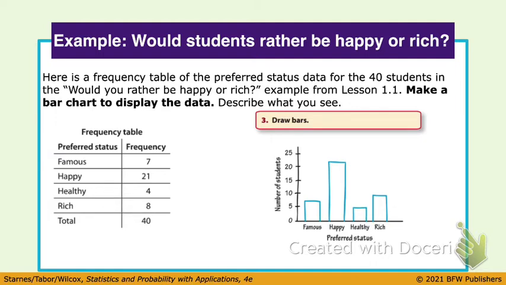All right, you guys, somebody tell me something that you noticed about this bar chart or something that you said. Happy's the highest. Yeah, happy's the highest. It's easy to see that now. Yep. What else? Anything else?